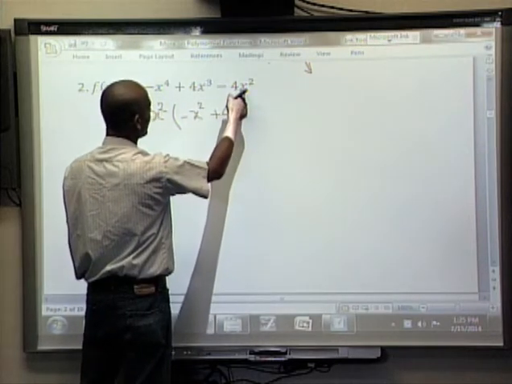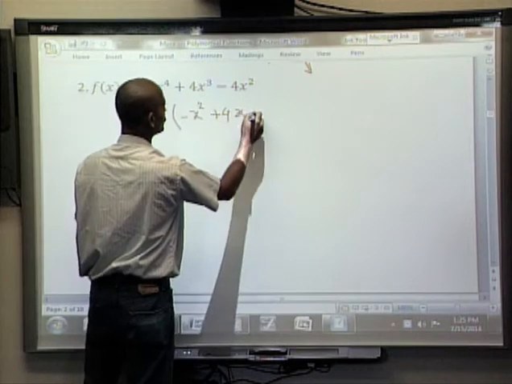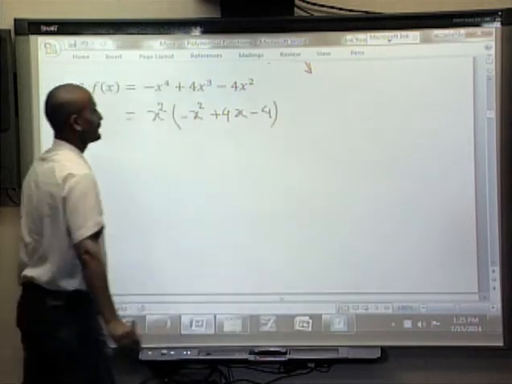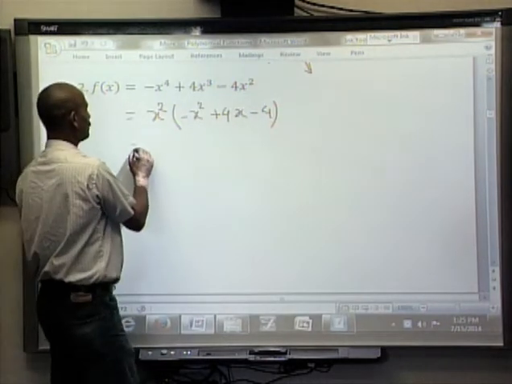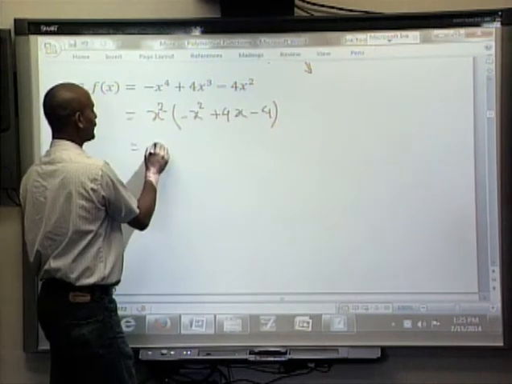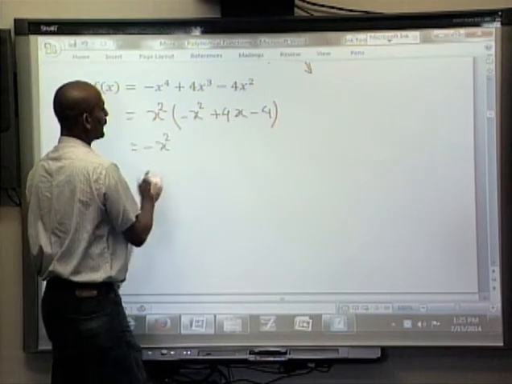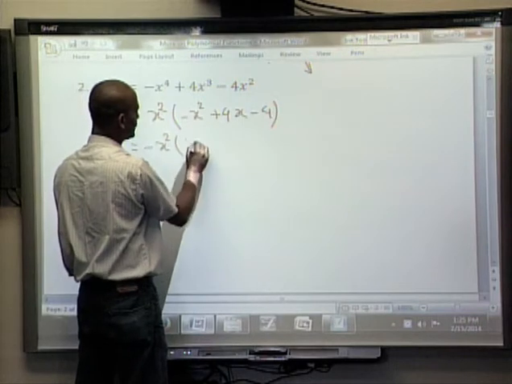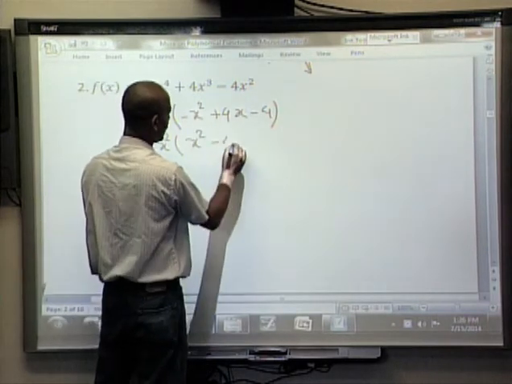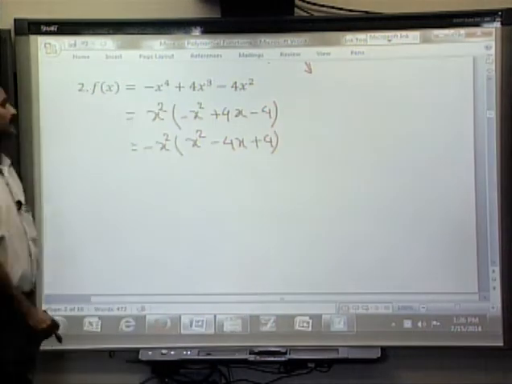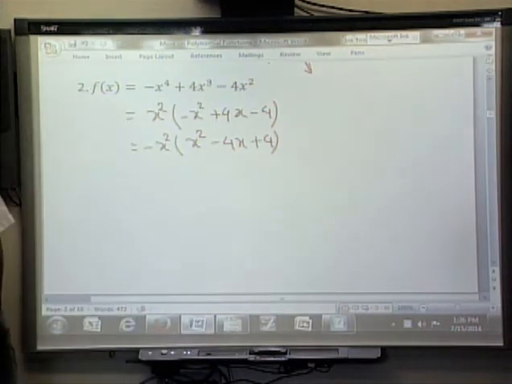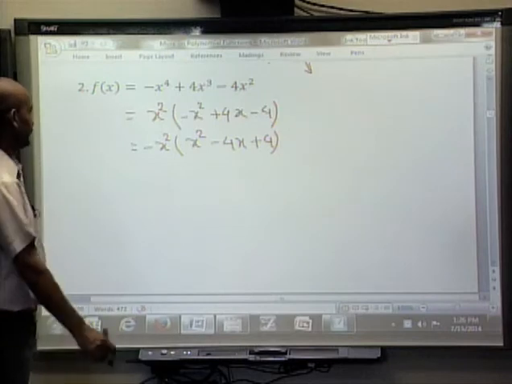From 4x square, x square is taken out, so only negative 4 is left. Well, in fact, let us factor the negative also out. If we factor the negative out, this negative will change into positive, and this changes into positive. Factoring a negative sign means changing the sign of each quantity.